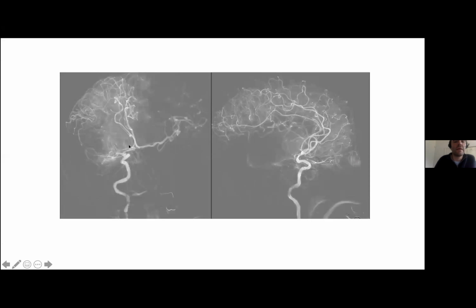Normally the MCA comes across and fills all the small branches, and then you get leptomeningeal vessels over the surface of the cortex, and then the ACA comes across, and this is the border zone between the ACA territory and the MCA territory.